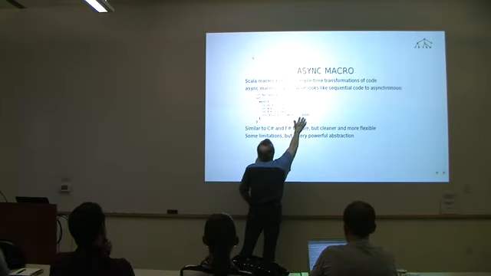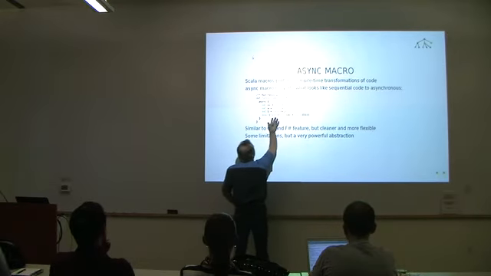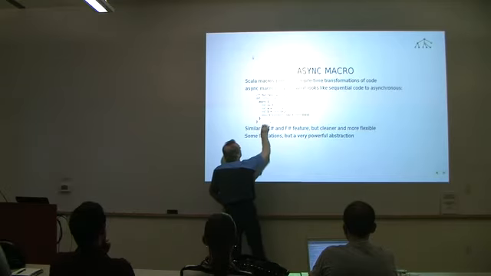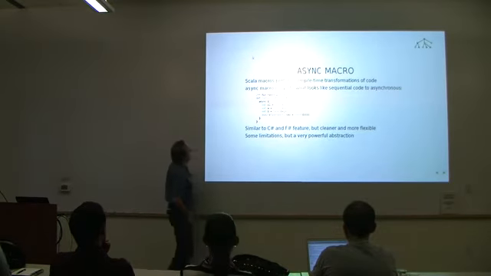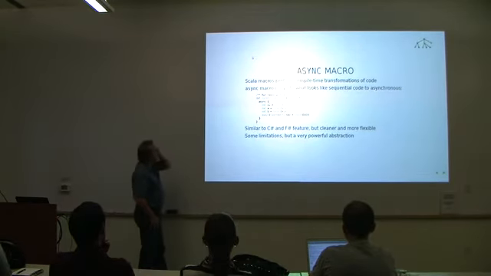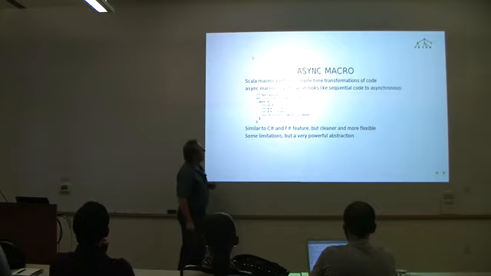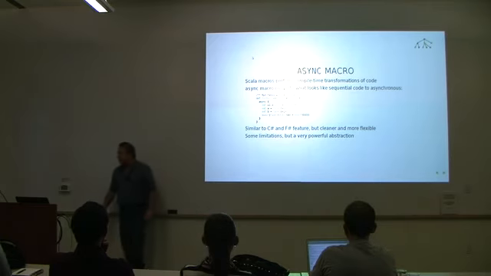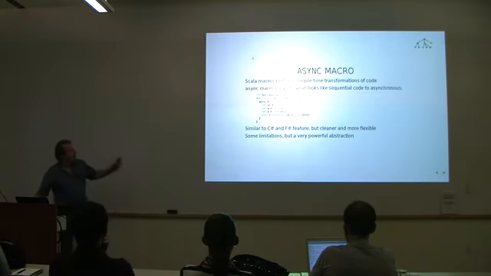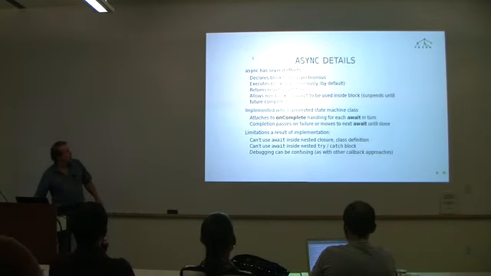I'm going to wait for a and b and pass them to task 4, and I'm going to wait for the result of task 4. So that looks like standard sequential code, like blocking code would be. But it actually converts that with the async macro into something completely asynchronous. And I'll show you on the next slide how that works. So a very powerful abstraction that really gives you ways of flexibly composing events and making them do different things.